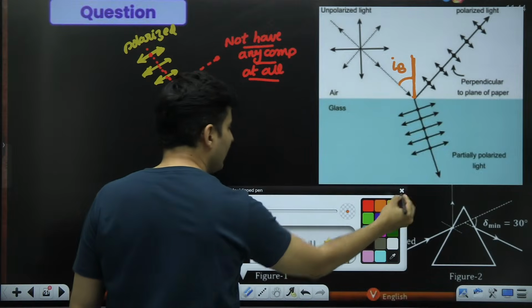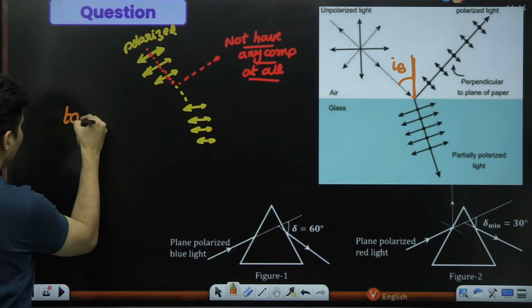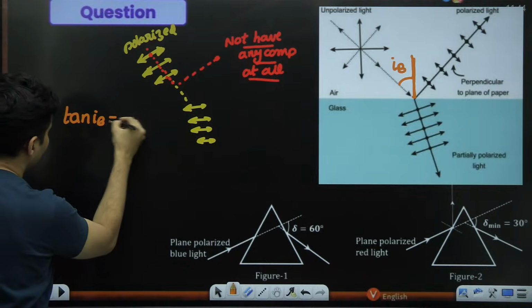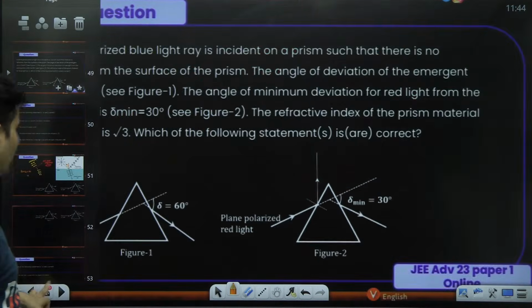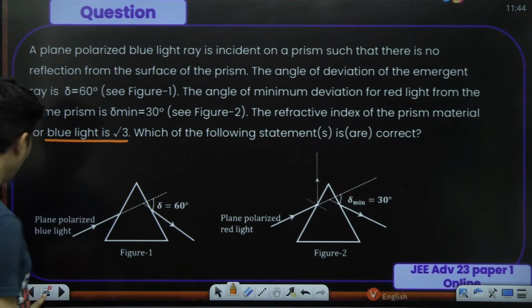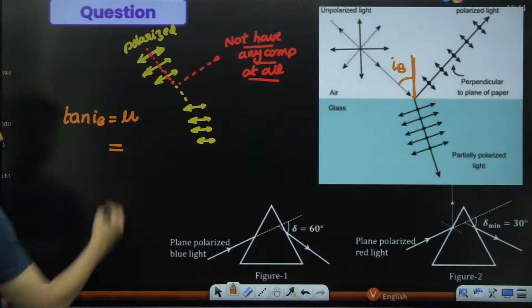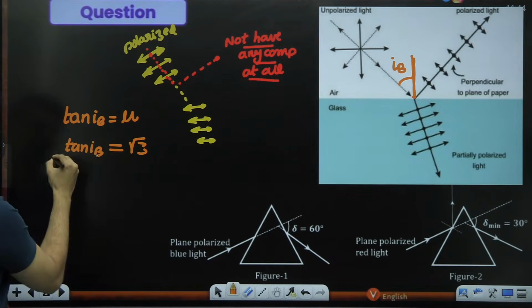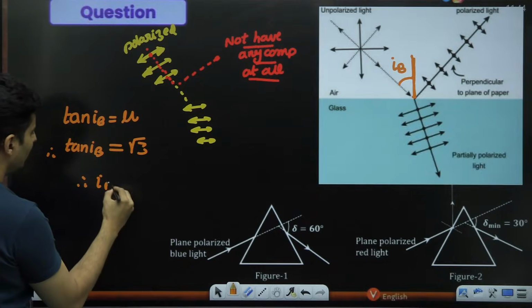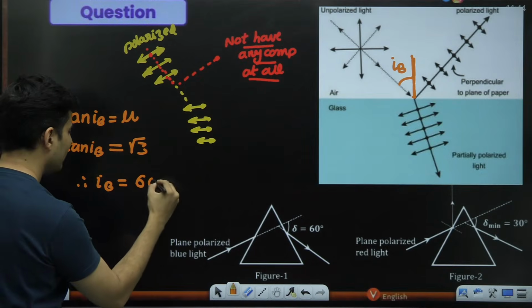So very clearly, I can say tan of the Brewster's angle is the refractive index, and I think the refractive index for blue light is given to be √3. So therefore, I can just say that the Brewster angle will be nothing but 60 degree.